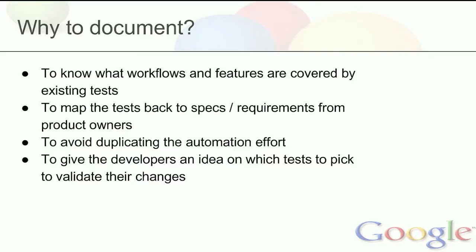And at times we want to map what has been automated to what was actually in the specs and requirements. Like for my team example, we have in the definition of done that we should have the automation complete. What does that mean? How many of the specs and requirements have we covered by the automation tests which are done?